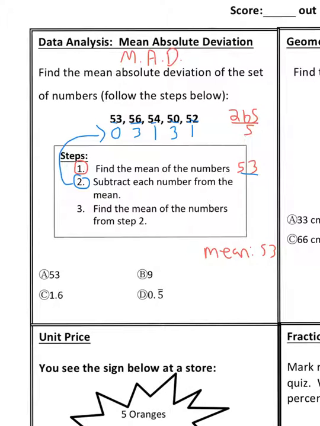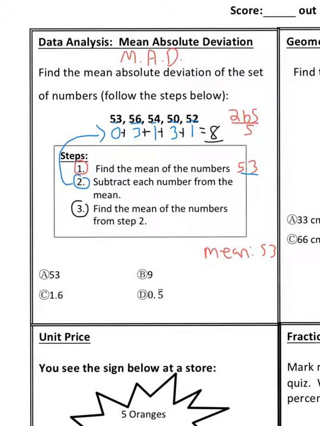Now we get to step 3. Step 3 says find the mean of the numbers from step 2. So you have to add up those 5 blue numbers and then divide by 5. If I add up 0 plus 3 plus 1 plus 3 plus 1, they add up to 8.